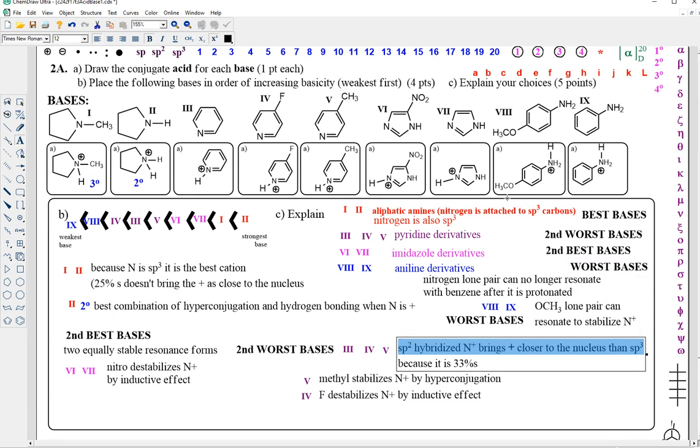The same argument holds for imidazole, sp2 hybridized, but the imidazole has two equally stable resonance forms, whereas a pyridine does not. There's no other nitrogen here to help resonate to an equally stable resonance form. So I believe we have an adequate explanation here, and these are now in the right order, which brings to a close this part of the acid-base problems.